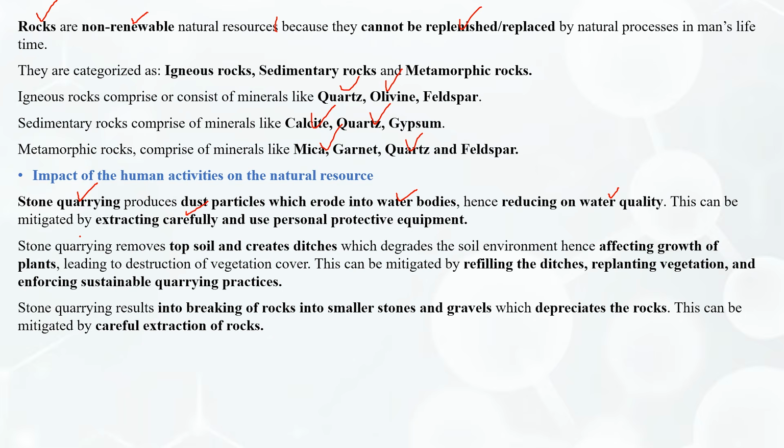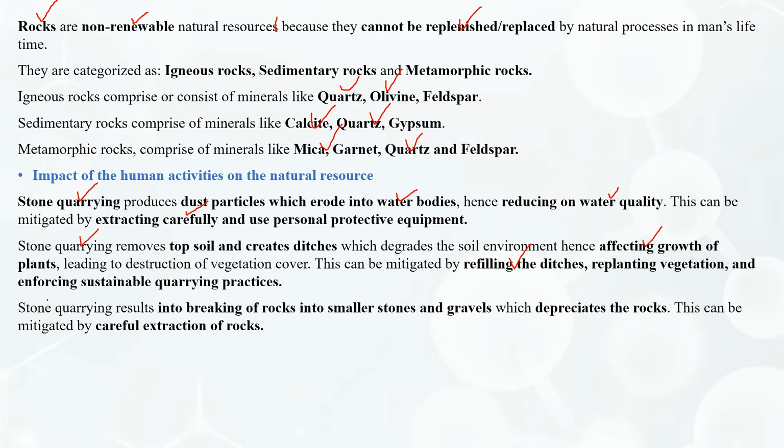Then another point: stone quarrying removes topsoil and creates ditches which degrade the soil environment, hence affecting the growth of plants. Are you seeing the effect? This can be mitigated by refilling the ditches, replanting vegetation, and enforcing sustainable quarrying practices.